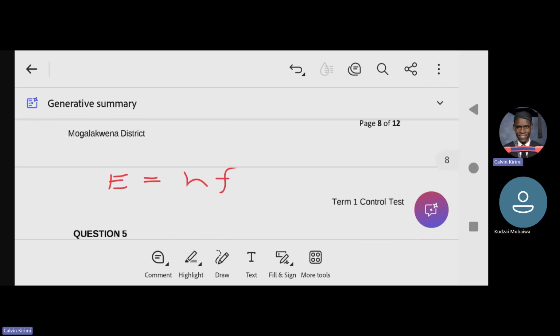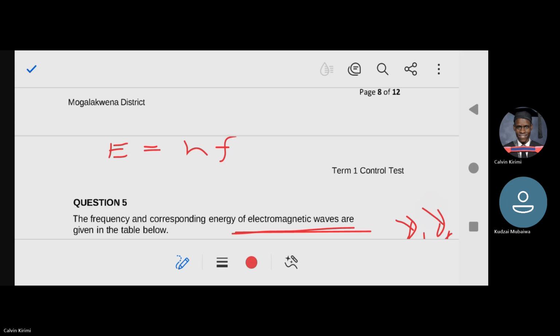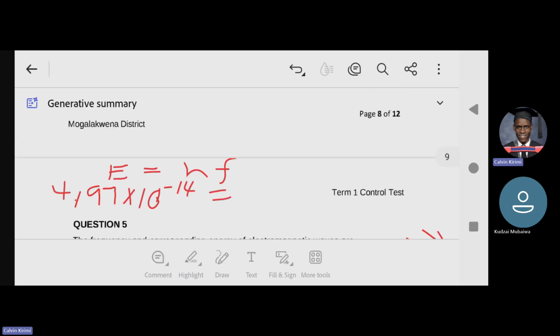So our E, you write 4.97 times 10 to the power negative 14, is equal to, what is Planck's constant? It's given. This one you don't memorize.